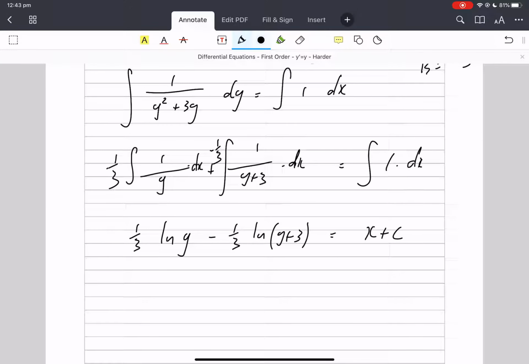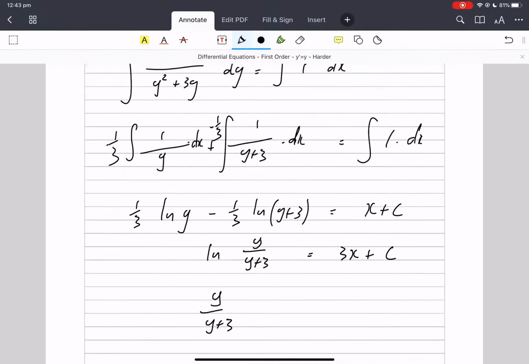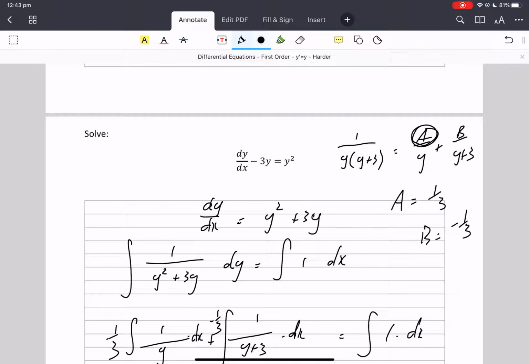Multiply everything by 3. And we should get, and apply that log law. Three times c is still just c, because it's just whatever it needs to be. Sometimes we can find our c anywhere. We've got a, that's left out here, y of 0 equals 6, I think it is.